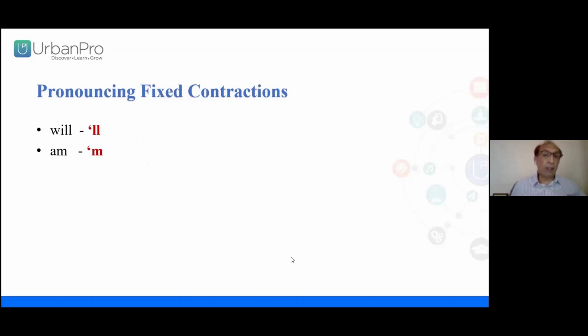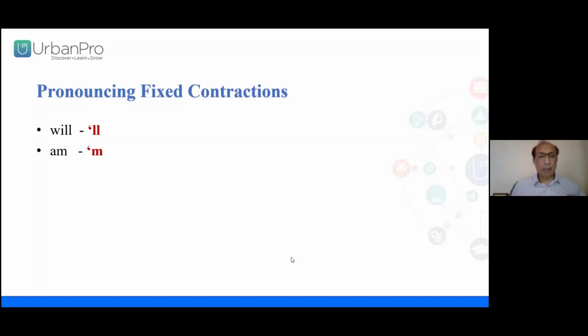However, there's an exception: we can have the pronunciation of some contractions fixed, like will and am. Will is always pronounced as "'ll", and am is pronounced as "'m". So whenever you encounter these contractions, will, it's "'ll", am, it's "'m". We just noticed that in the examples, "she will", "she'll", "I am".